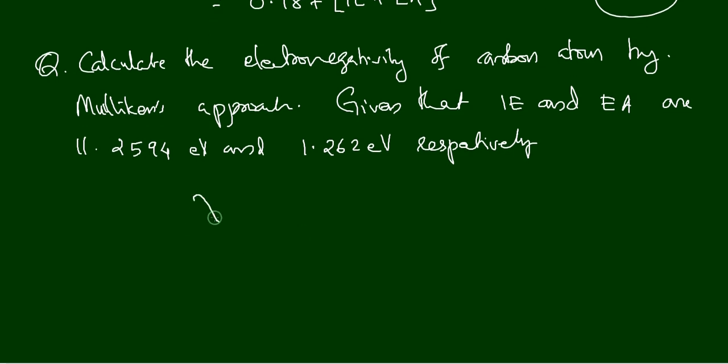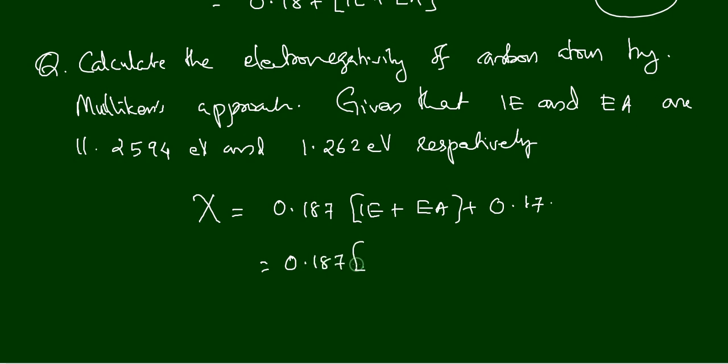So electronegativity chi is equal to 0.187 into (ionization energy plus electron affinity) plus 0.17. That is Mülliken's equation for electronegativity. That is equal to 0.187 into (11.259 plus 1.262) plus 0.17.